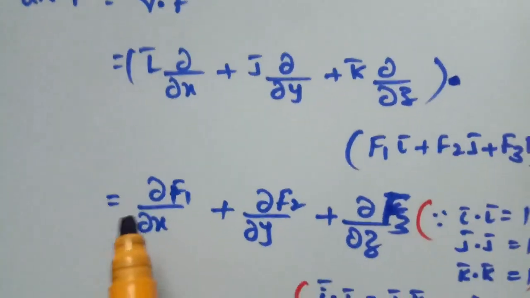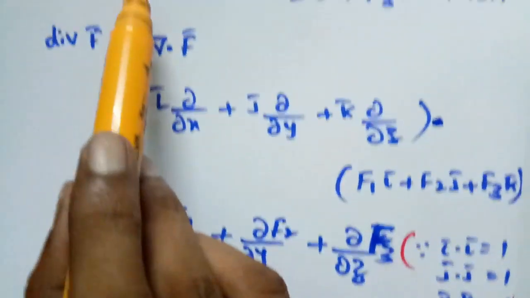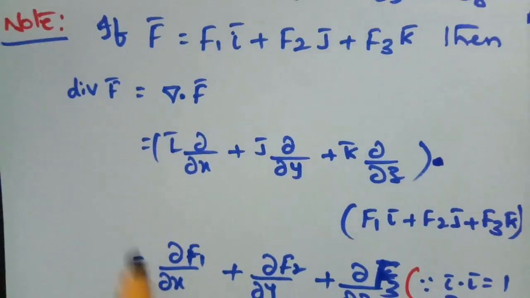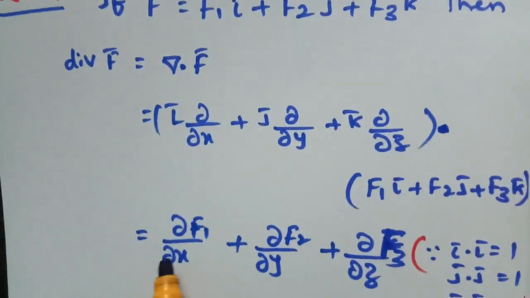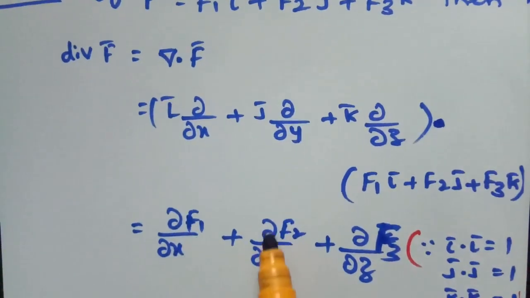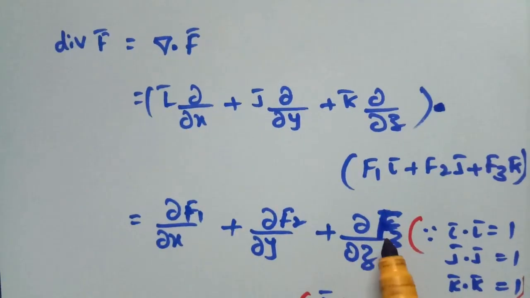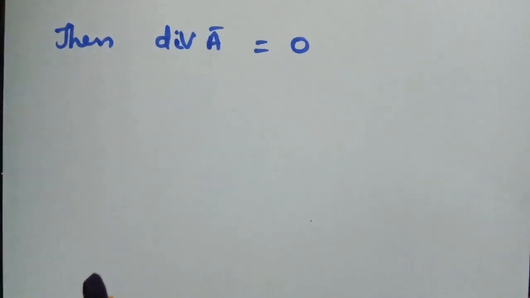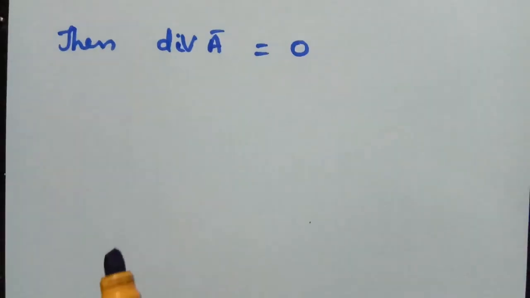Here f bar is equal to f1 i bar plus f2 j bar plus f3 k bar. Then del dot f bar is given as dou by dou x of f1 plus dou by dou y of f2 plus dou by dou z of f3. So here instead of f, we used the letter a.